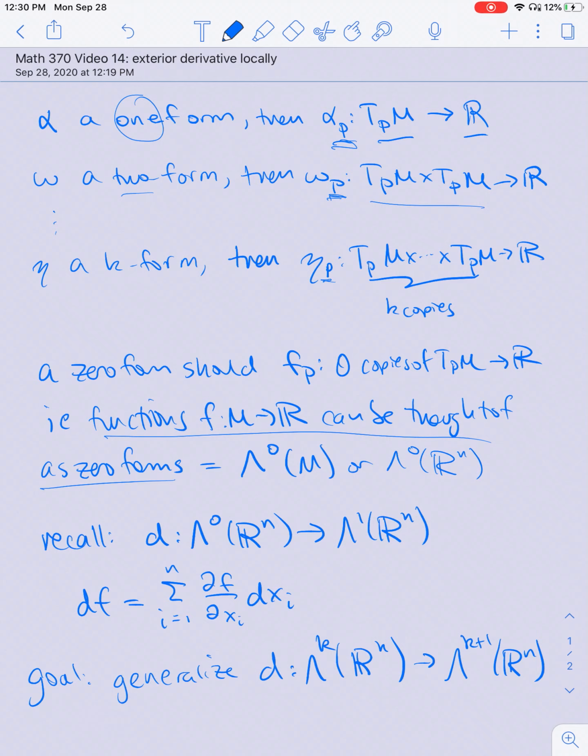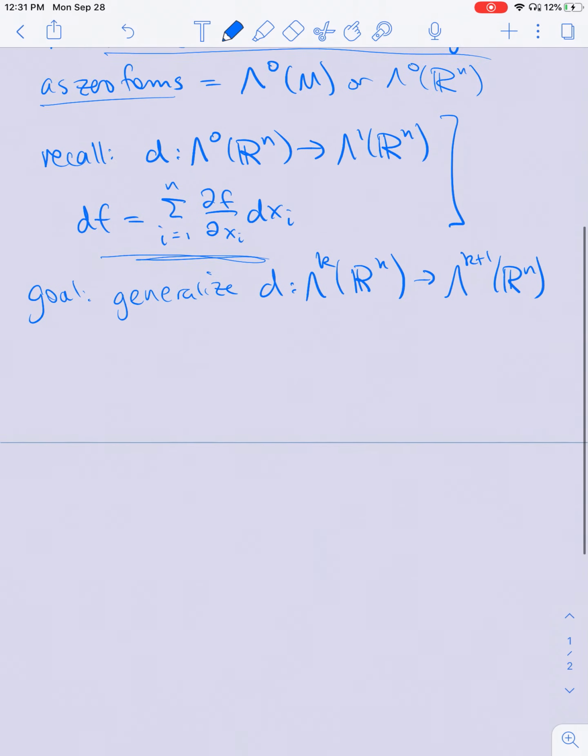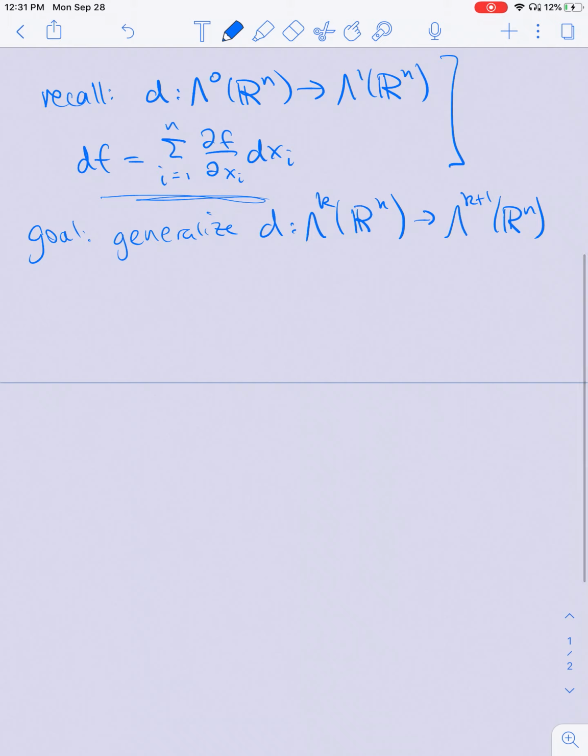Okay, so how are we going to do this? Well, the first step is that when we define d when k equals 0, it should equal the d of functions, which we already know. Then, based on what d does to functions, we're going to define what it does to forms.